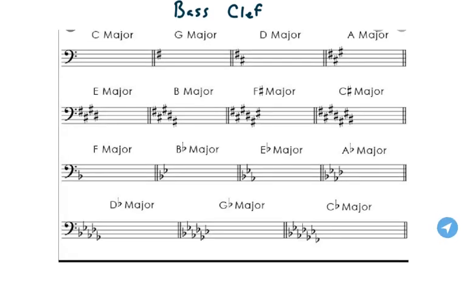Okay, there's bass clef, same thing. You'll notice that everything lines up on the letters that they fit. The 4th line is F, so the sharp for F moves down here.